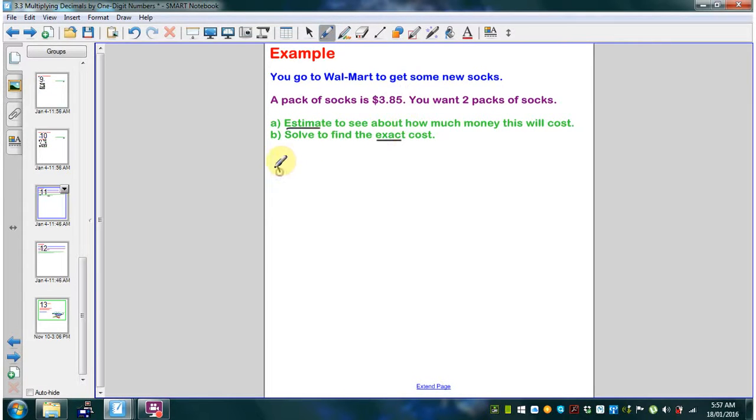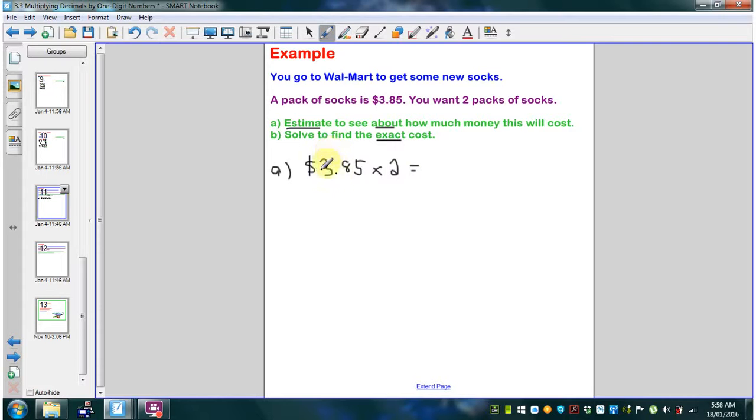So in part A, we can take a guess. So we have a pack of socks is 3.85. And we want 2 packs of them, so times 2. So we can estimate. We're finding about how much money it will cost.